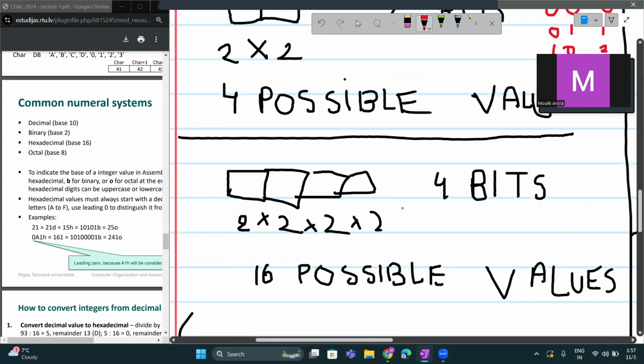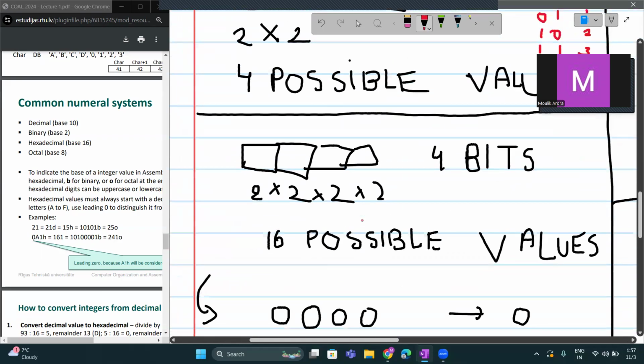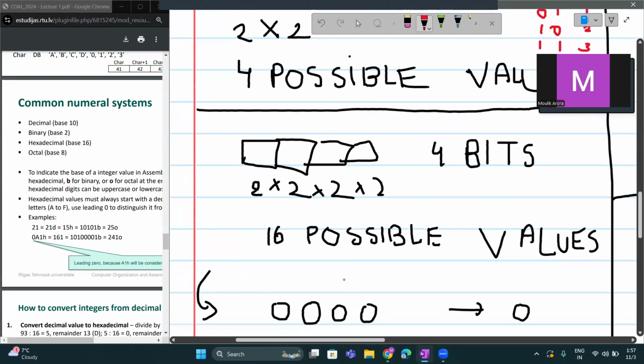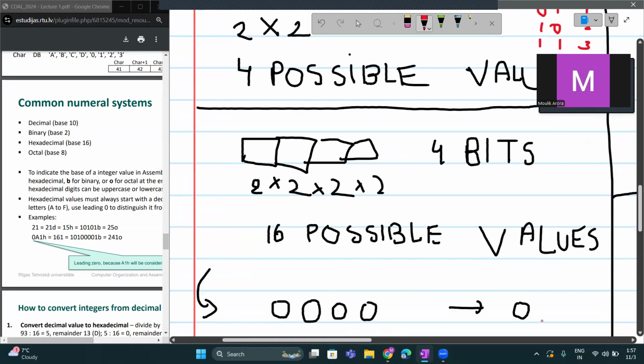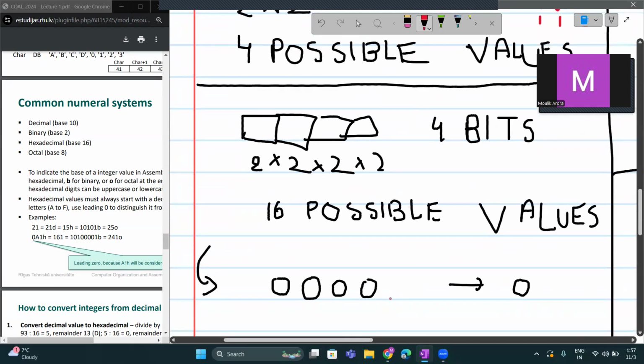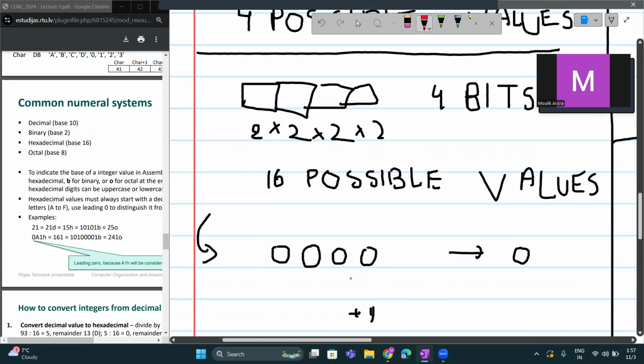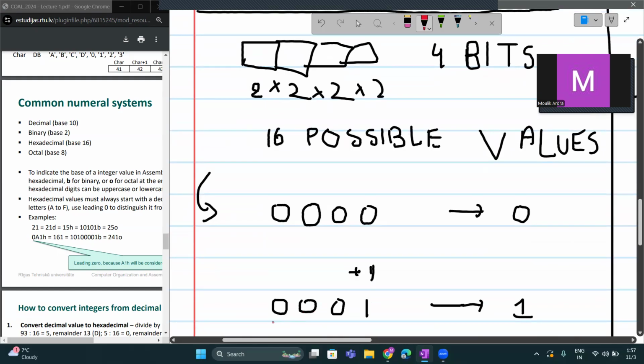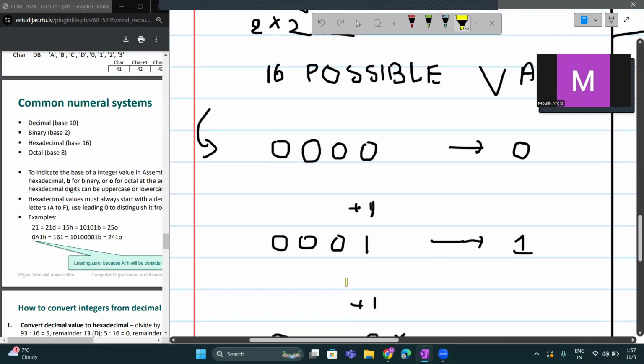Now there are 16 possible values, and 0 0 0 0 means 0. How will 1 be represented? We add 1, and it becomes 0 0 0 1.